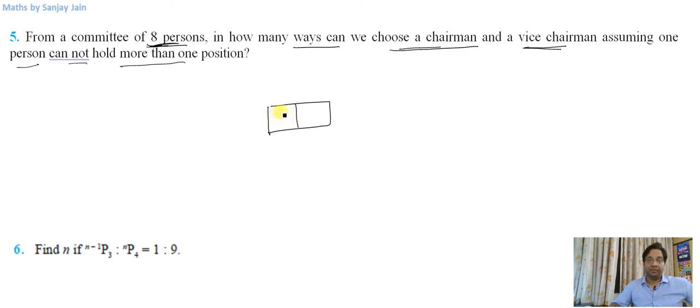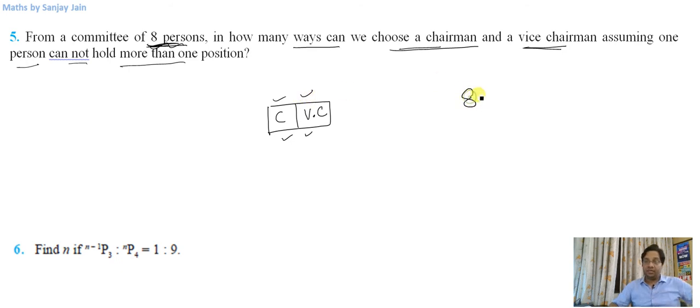One is meant for chairman and one is meant for vice chairman. So out of these 8 persons, 2 persons will fill these 2 places. So what the question means is that I need to arrange 2 persons out of these 8 persons.